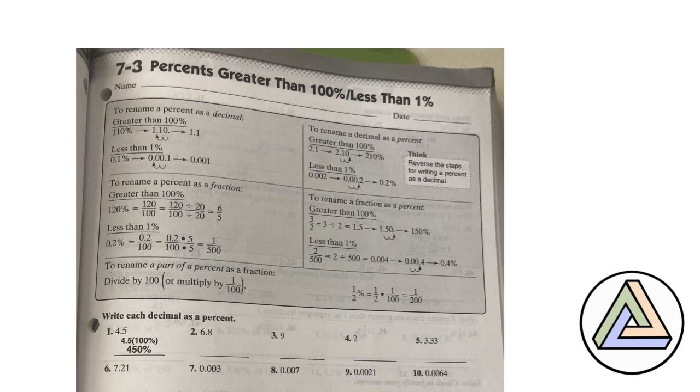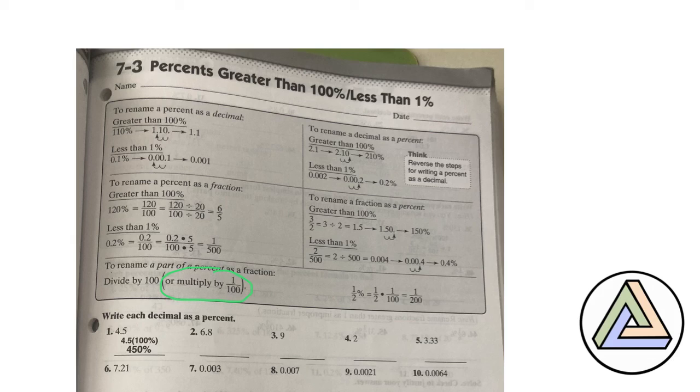To rename a part of a fraction or a part of a percent as a fraction, divide by 100 or multiply by 1 over 100. So really you have the choice of seeing it either this way or that way, but I'm going to say stick with this way.